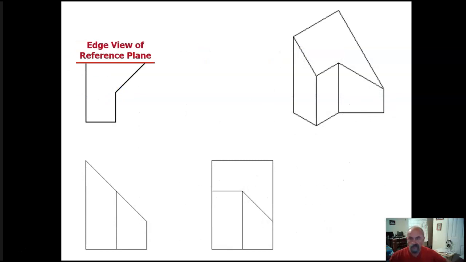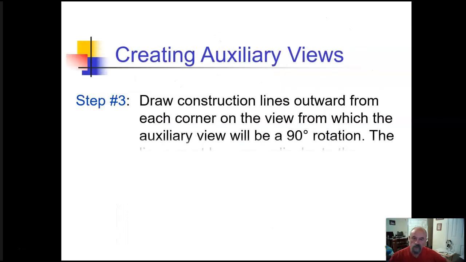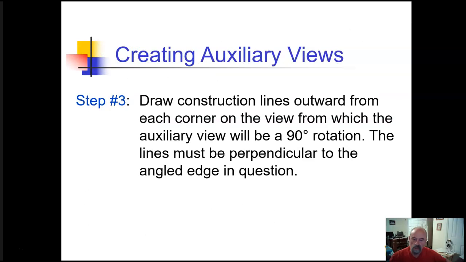So the edge of this reference plane here is this reference line here. This reference line here would be there. Those three lines referenced off of here, you are able to draw the adjoining lines.